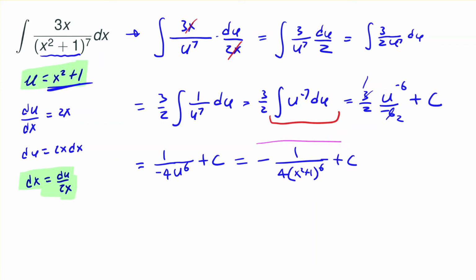So this is our final answer. Well, this negative sign can be either here, only in the numerator, only in the denominator, or in front of the entire fraction, right? It means the same thing. Again, we can take the derivative of this, and you should get this right here if you take the derivative of this.